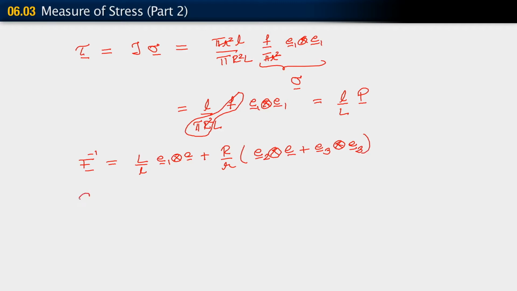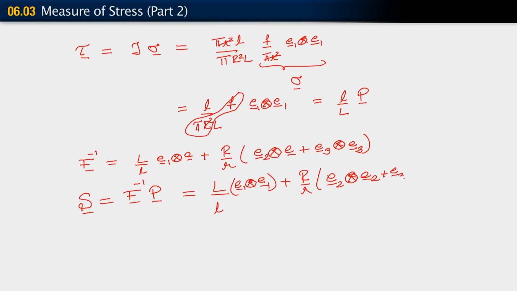S, which is F inverse P, is capital L over little l, all of this stuff, E1 tensor E1. I'm going to write this out in detail so we see how things work out, plus R over r E2 tensor E2 plus E3 tensor E3. All of this is F inverse acting on P.